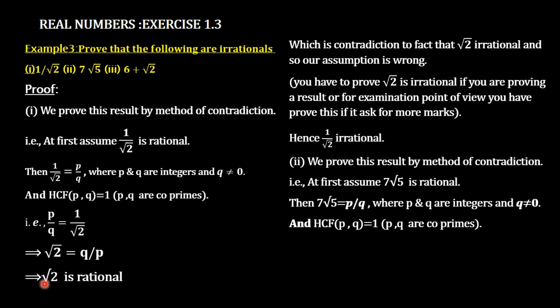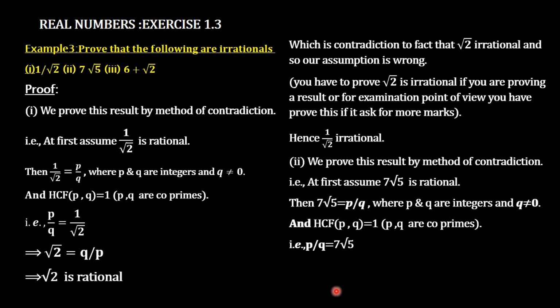Okay, then how to reach our result here? We have to take all integers to one side and the irrational to one side. Okay, then P by Q equals 7 root 5.